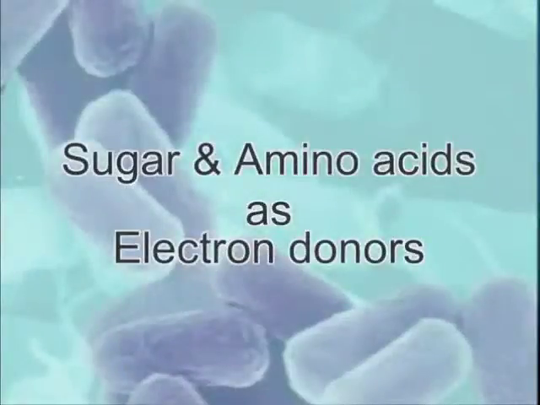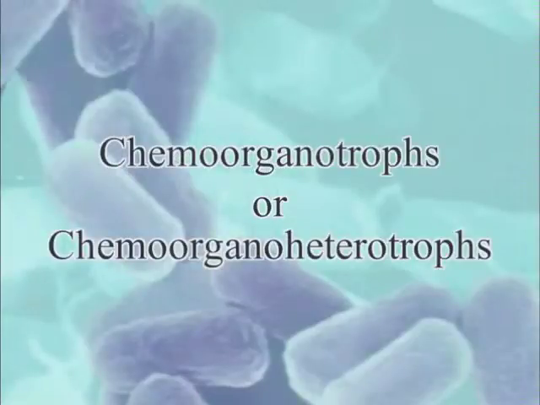Many other chemotrophic bacteria use organic compounds such as sugars and amino acids as electron donors and are therefore chemoorganotrophs or chemoorganoheterotrophs. Now, certain bacteria can grow as either chemolithotrophs or chemoorganotrophs.